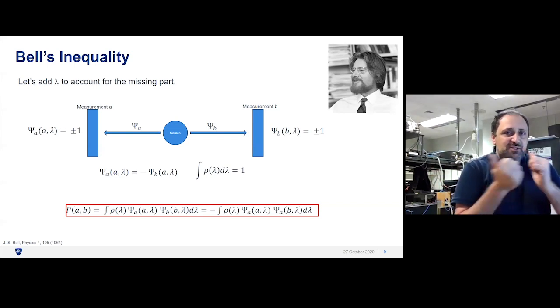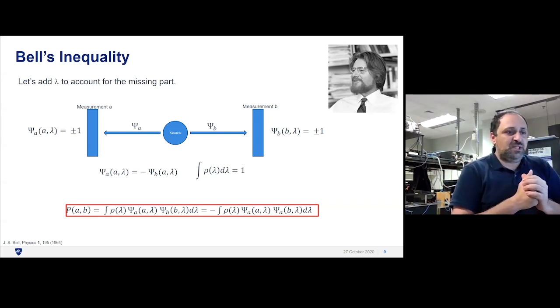Those two things are entangled. The way that this experiment's typically done is you take blue light, take a blue photon, and you pass it through a special crystal that does down conversion.